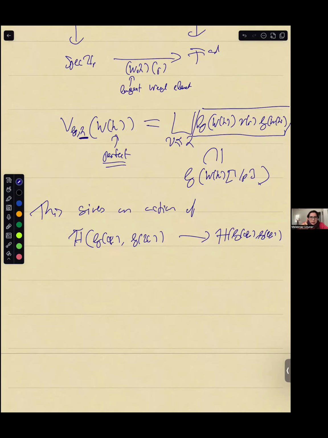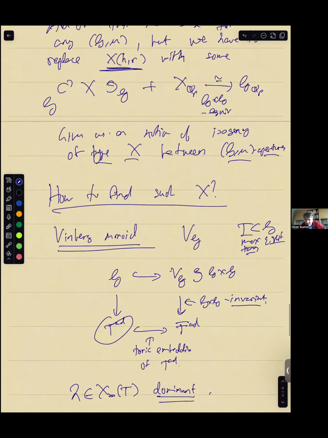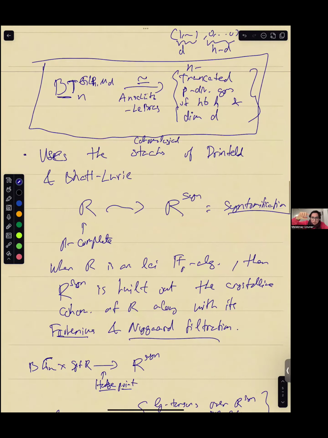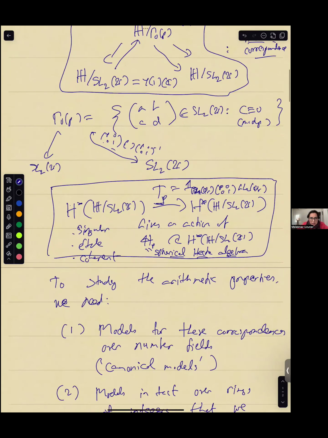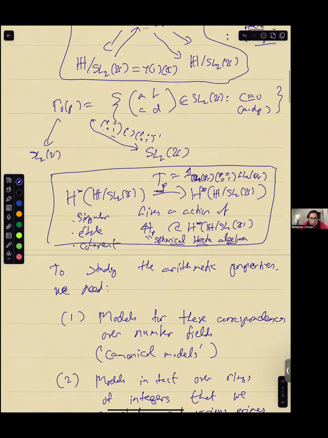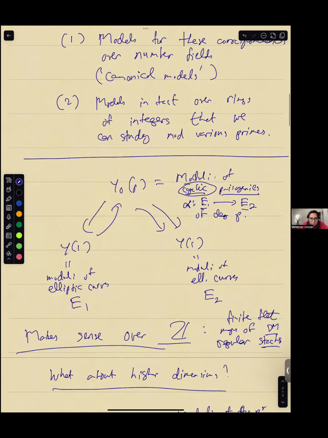I have a question. In the beginning of the talk, there was some link between E1 and E2. I didn't understand what E1 and E2 are. Here? Yes, here.